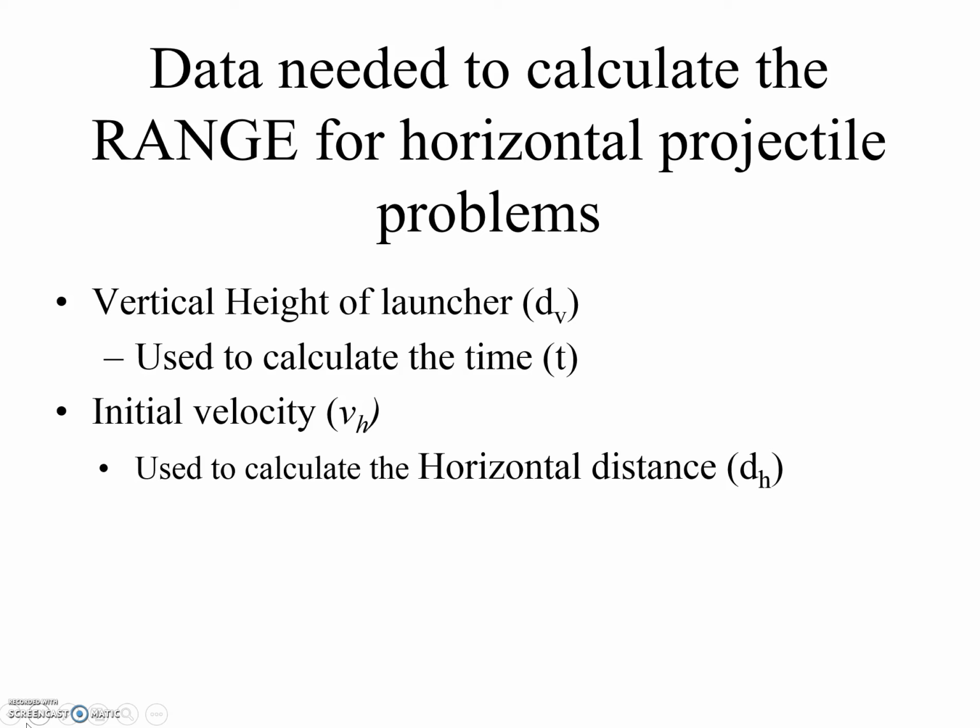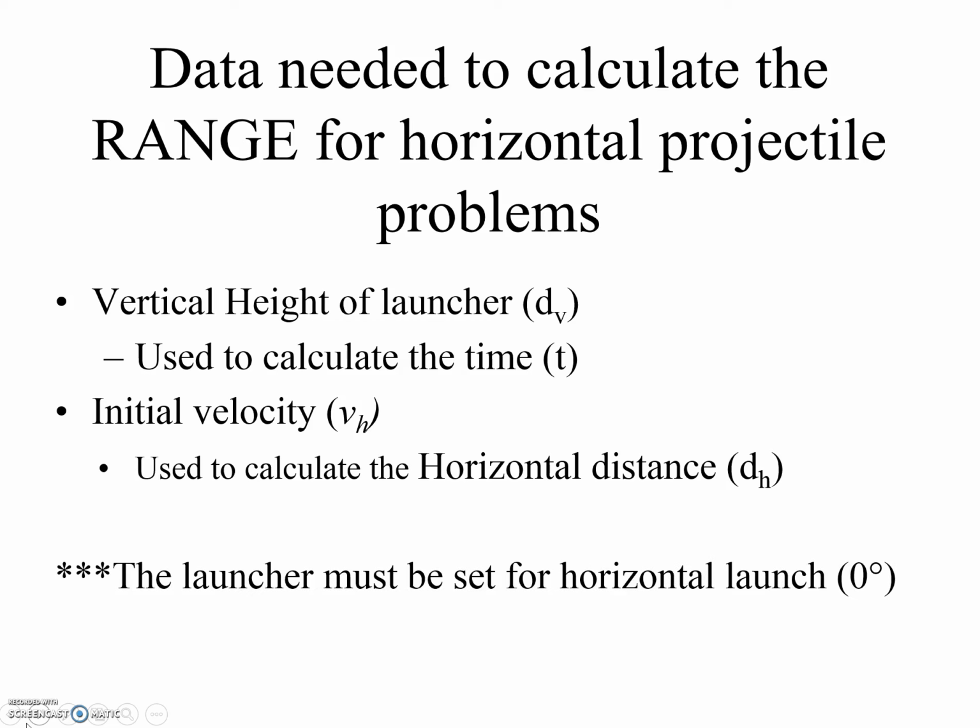And we'll symbolize that with a d sub h for horizontal distance. And again, just as a reminder, when we talk about horizontal projectile problems, the launcher has to be set for a horizontal launch. Has to be set at 0 degrees, not at some angle from the Earth.